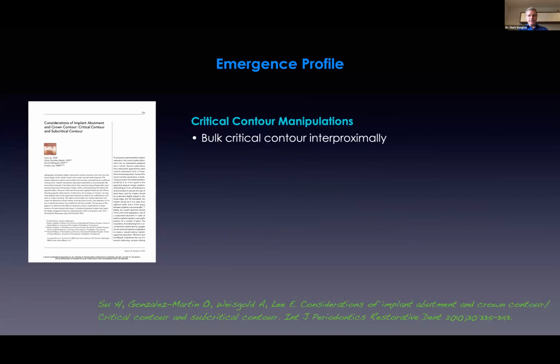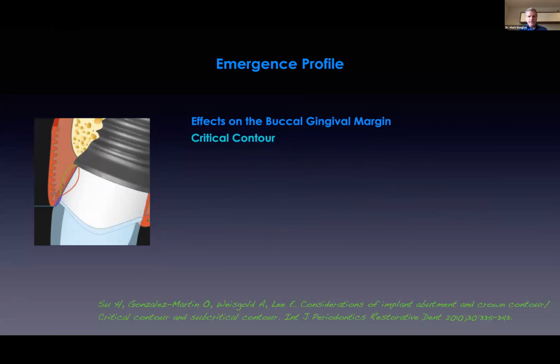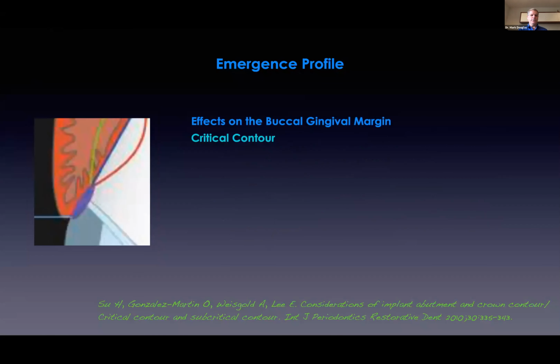Critical contour manipulations. If you bulk the critical contour interproximally, the crown form becomes square. If you thin the critical contour interproximally, the crown form becomes tapered. So, effects on the buccal gingival margin, the critical contour. Just going to review these now.